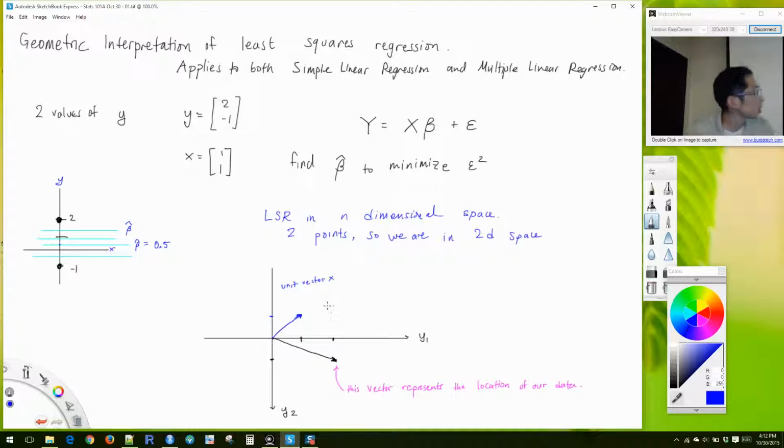All right, and what beta does, beta in our case, because we're just trying to fit one term, beta is just going to be a scalar, because we're only fitting one x term.